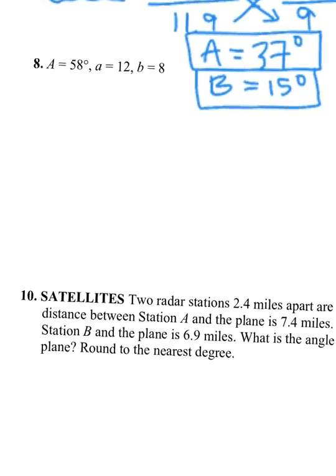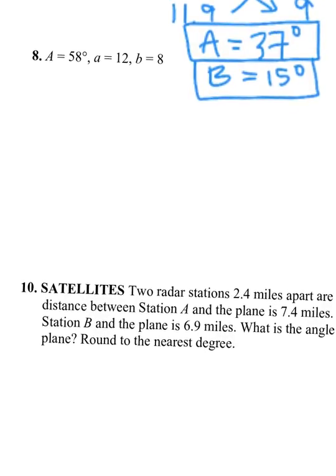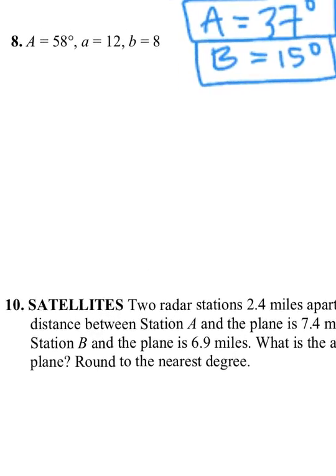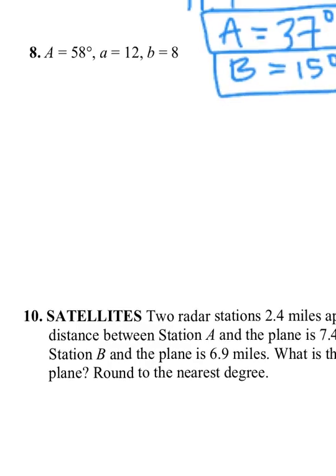All right, so number 8, they give us the actual values, no picture this time, so we can either create our own picture or we can just notice that we have angle A and side A. So since we have a pair, we can actually just use the law of sines to start us off with that.